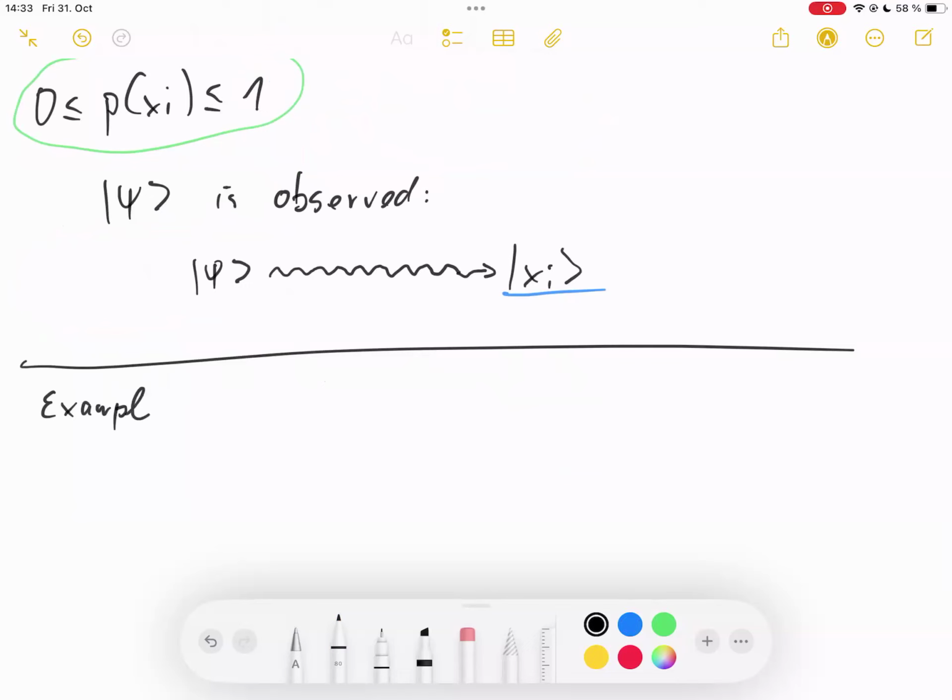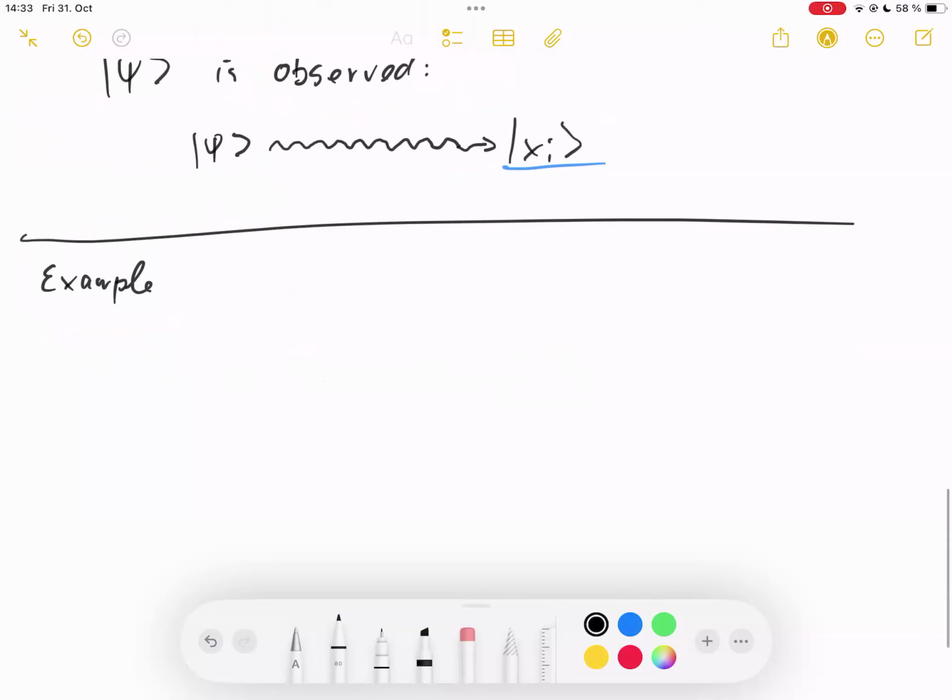So we have an example. We have our scikit. We have 4 positions, so we have 4 points: an x0, an x1, an x2, and an x3.